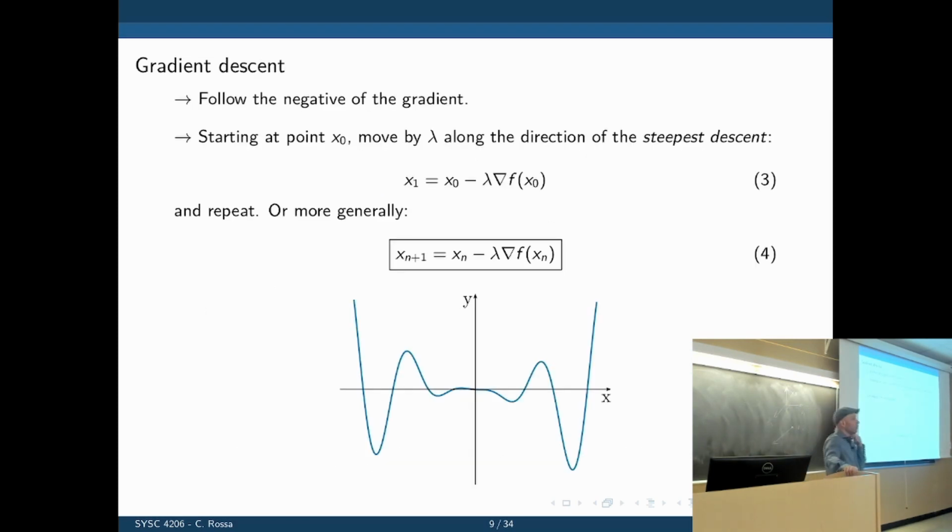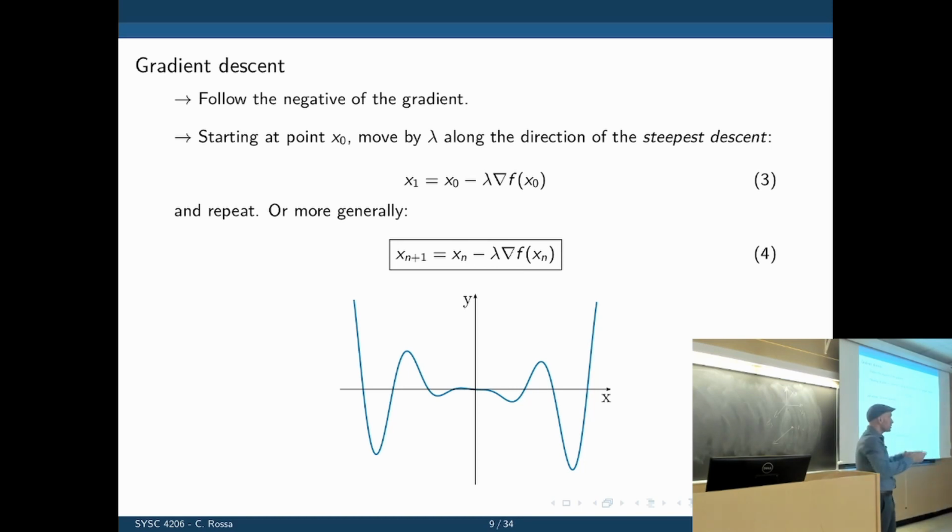Well, we can use this to optimize to find the minimum of a given function. And the first algorithm we're going to look at is the gradient descent. The idea is that we know now how the function evolves. We know how, if we travel in the variable plane, the function increases or decreases. So we can use that to now always move along the line that provides the greatest descent.